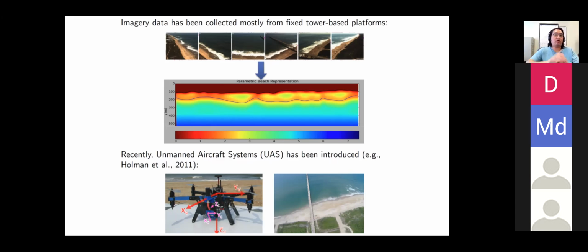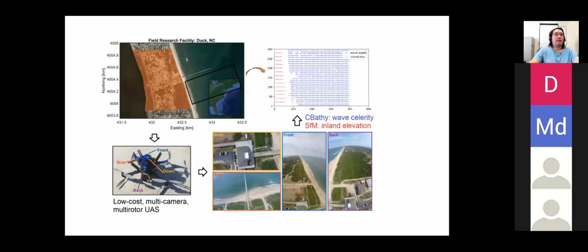You just deploy a drone and capture the wave phenomena in real time, use this information to get the wave speed, and then feed this to the inverse modeling or data simulation to learn the topography of your bathymetry. So my application was to accelerate the data simulation and inverse modeling techniques and do real-time estimation of bathymetry. This is one application we had.